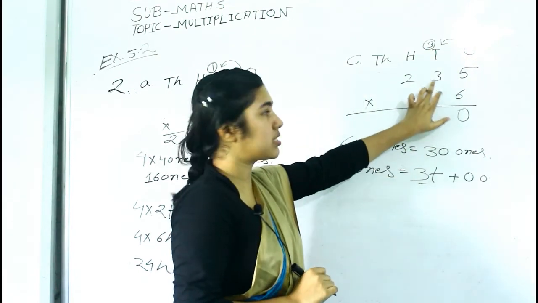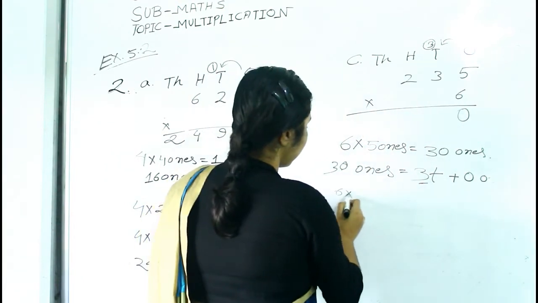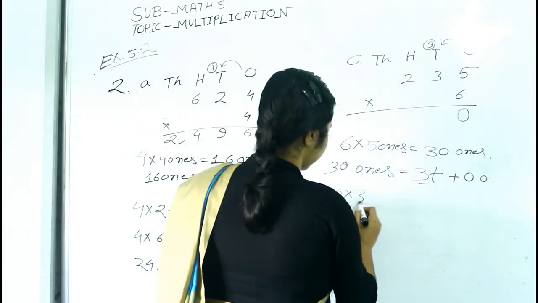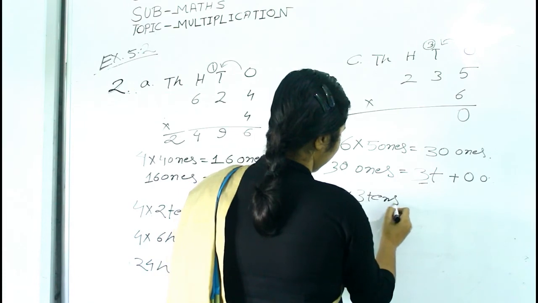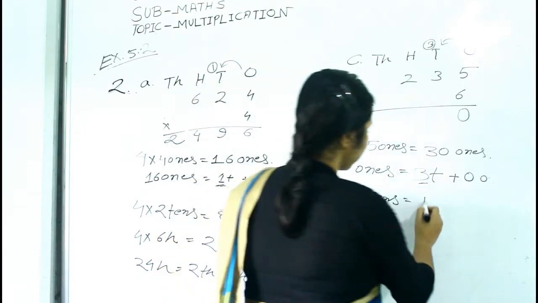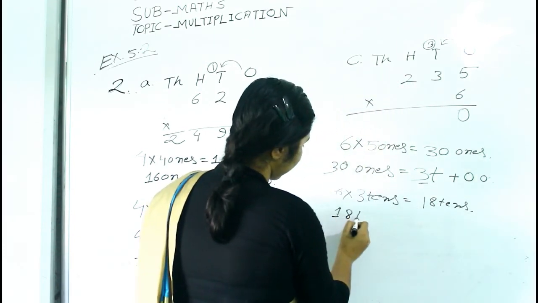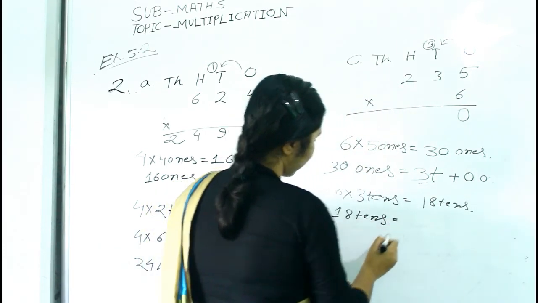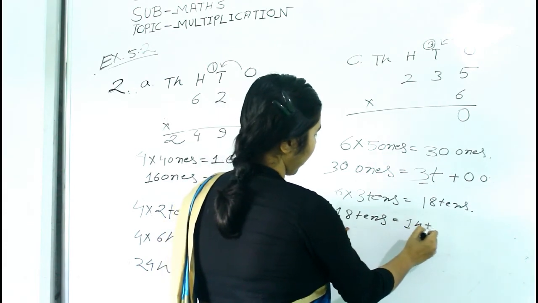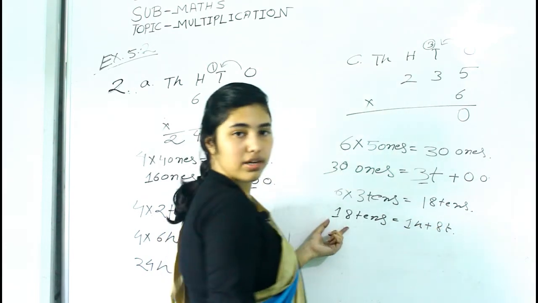Next multiply 6 with 3 tens. We will get 6 threes are 18 tens. Now 18 tens can be written as 100 plus 8 tens. Okay.